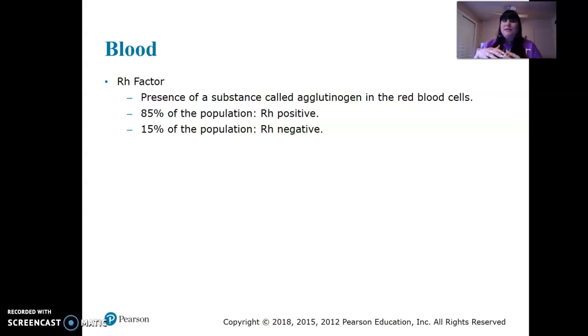And during delivery, there's bleeding between mom and baby. If the mom's immune system recognizes those factors, it will build a response towards it. And if mom gets pregnant again, the immune system will recognize the RH positive and attack. So it can attack the second baby and cause miscarriage. So knowing if a woman is RH negative is important.